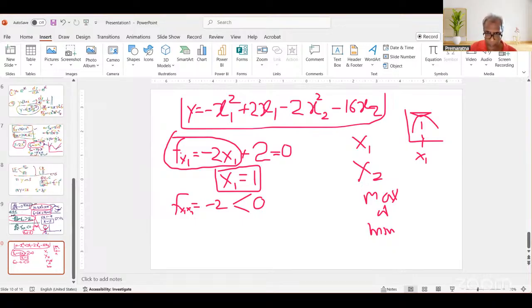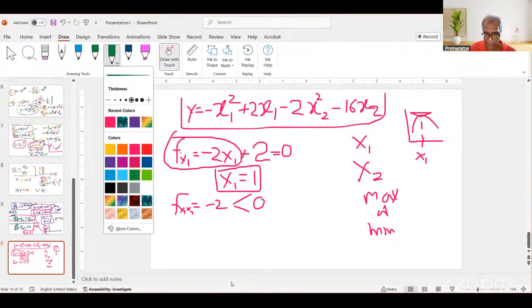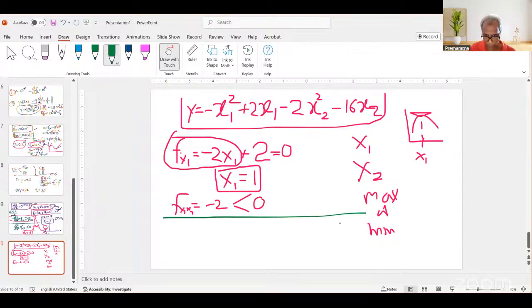Similarly, you can do the same exercise with x2 also. When you differentiate with respect to x2 the first time, the answer becomes minus 4x2 minus 16.